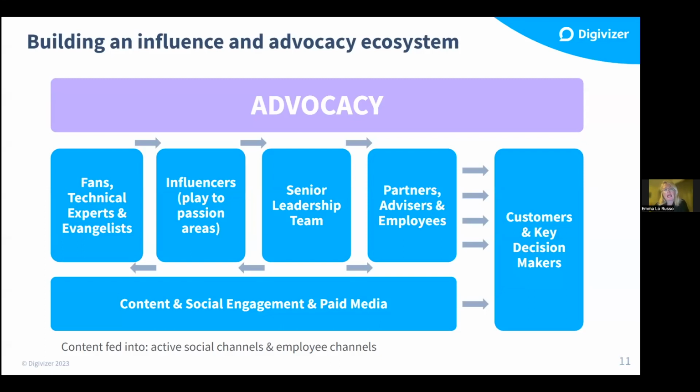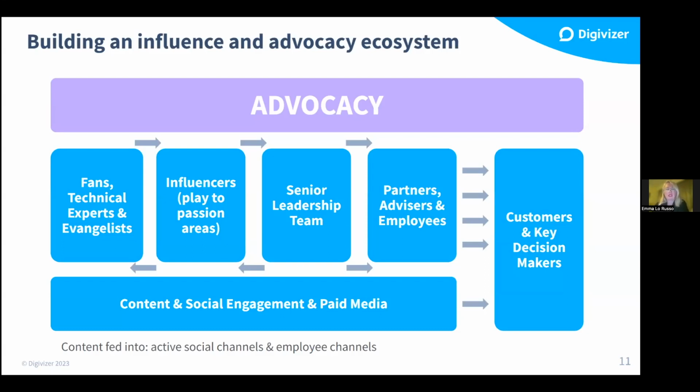Influencers that you can engage play to their passion area, wherever your product aligns to them. We've seen really great partnerships where the technical experts, or fans that don't necessarily have all the influence, partner with those influencers. So influencers can promote the brand, but the technical experts start to answer the questions. And so it's a really nice partnership.